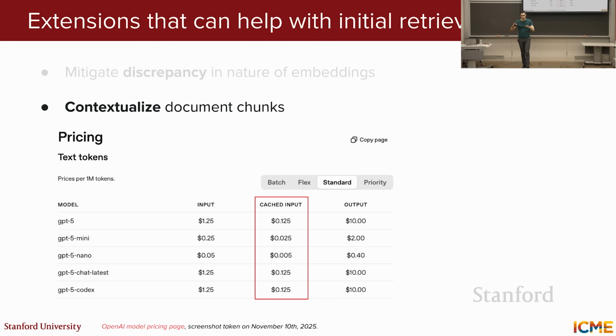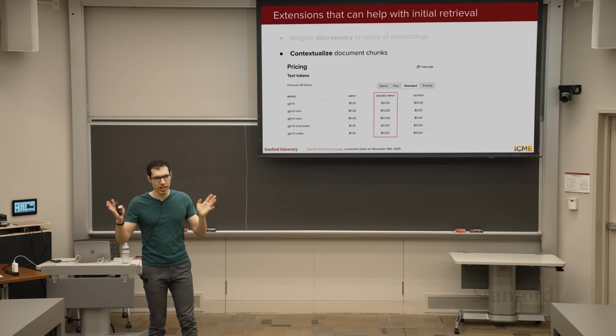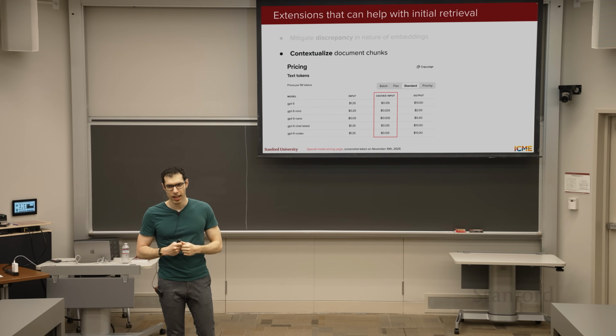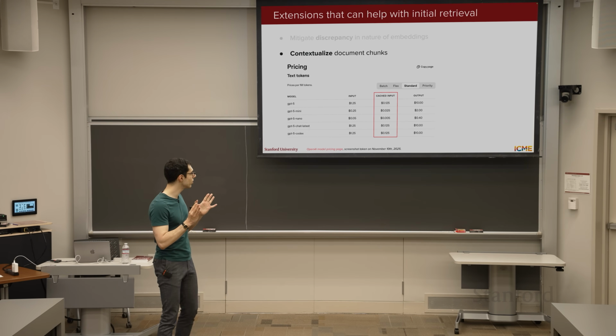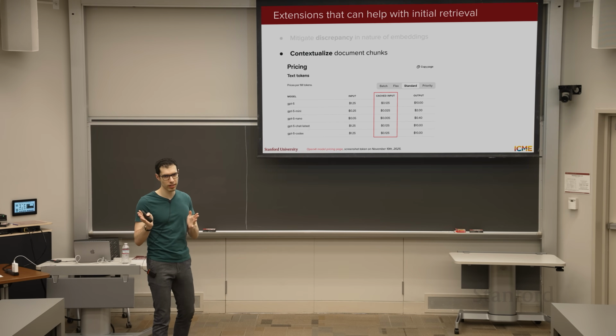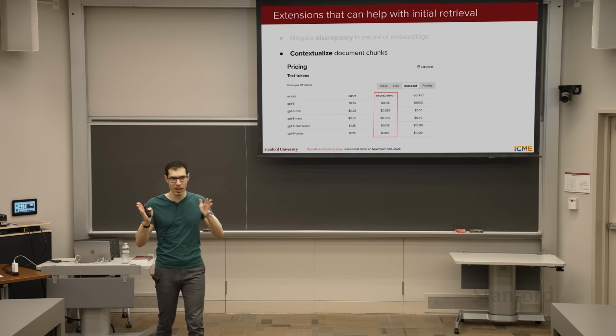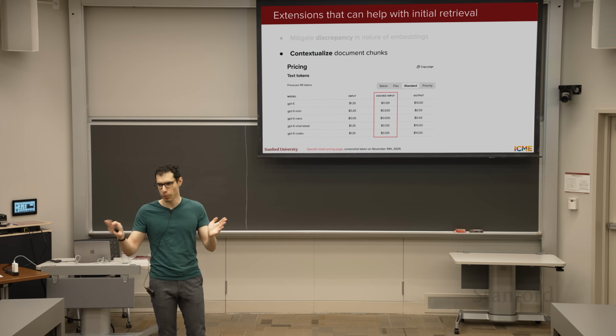So if you look at the model pricing page, you will see that there is a price for regular inputs, so inputs that are not cached. And then you have the price per cached input token. And here you see for, let's say, the OpenAI model, it's 1/10 of the price.